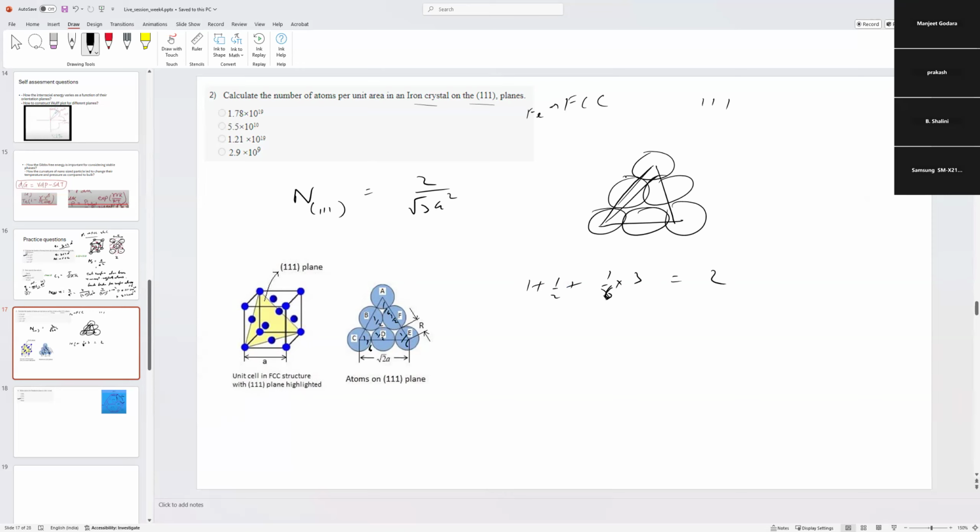And this edge is root 2 a, so root 3 by 4 a squared is the area of this triangle. Substituting, the area equals root 3 into the side length of the triangle, a squared, by 4, so root 3 a squared by 2.